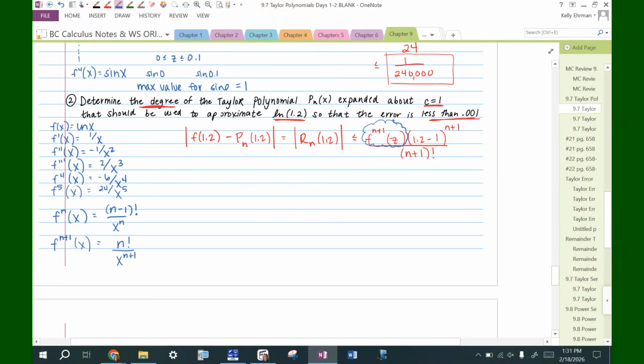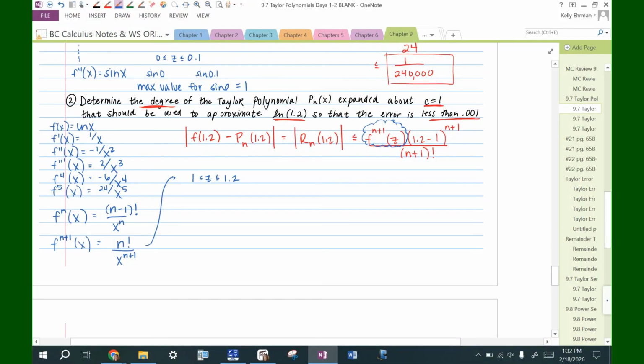And I'm not ready to plug this in yet because you cannot have an x in this remainder over here. You've got to have everything just in terms of n's or numbers. So now we need to actually pay attention to this z number. So z is sitting between the center and the number we plugged in. So the center is 1, number we plugged in is 1.2.